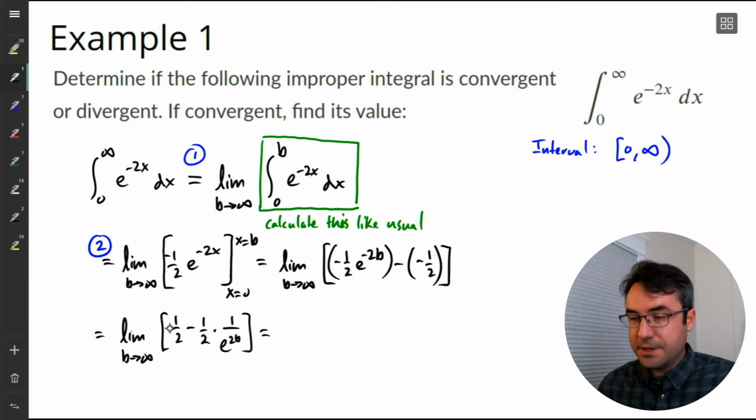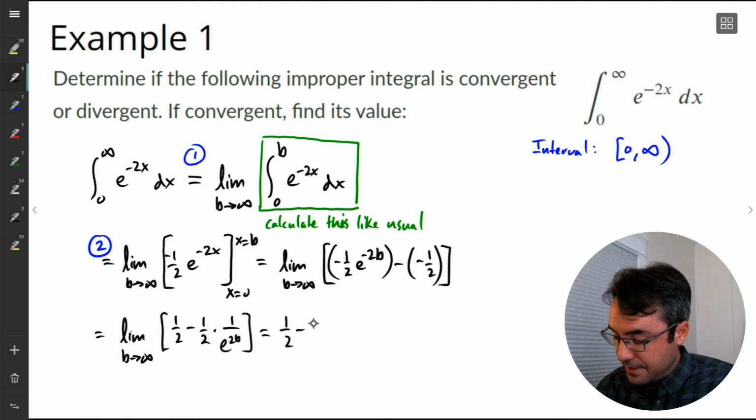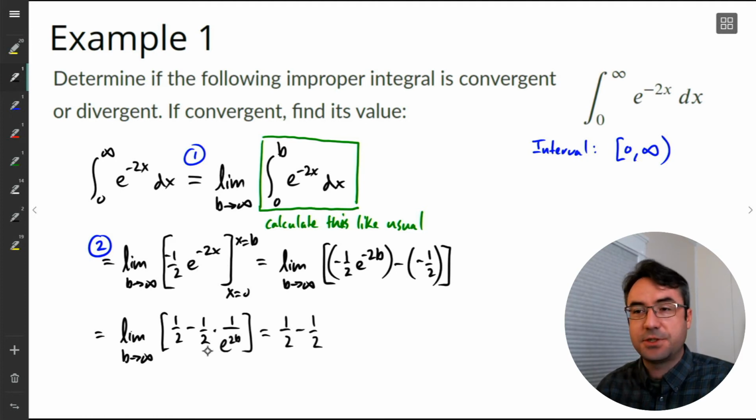First of all, what is the limit of this first 1/2 in front as b goes to infinity? Well, this is just a constant, so the limit of a constant is whatever the constant is. So it's just going to be 1/2. Then we have minus 1/2, again just a constant multiple, so it's going to stay whatever that constant is.